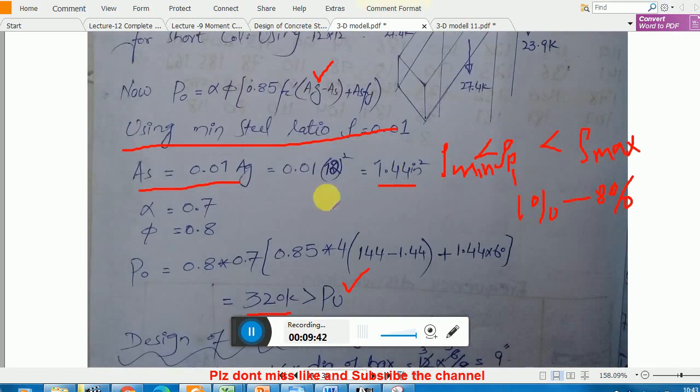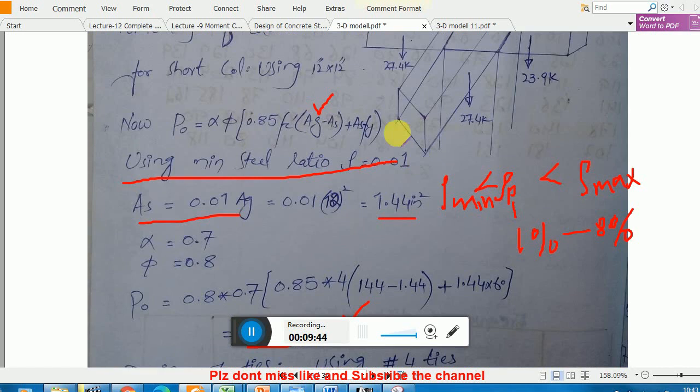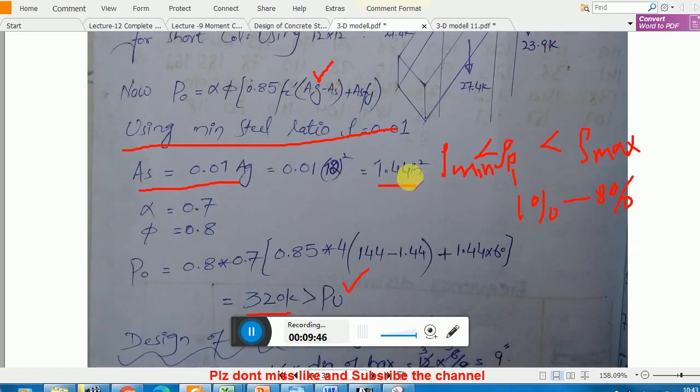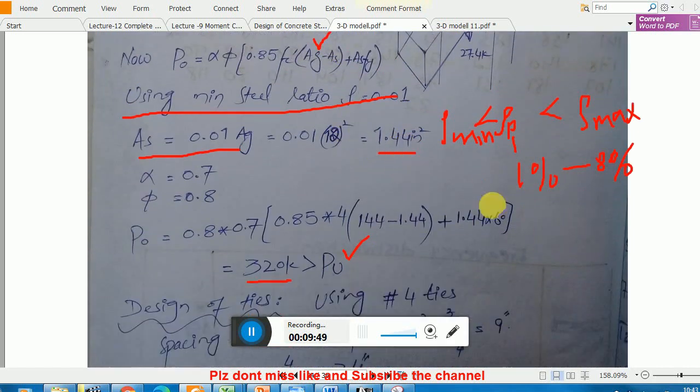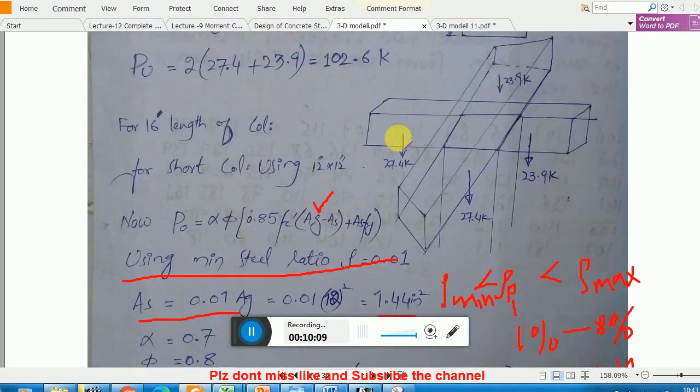Remember, you are providing As minimum, that is how much? That is 1.44. Now if you need the number of bars, just 1.44 divided by the area of number 4 bar, that is I think 0.19 and something. Let me check it.